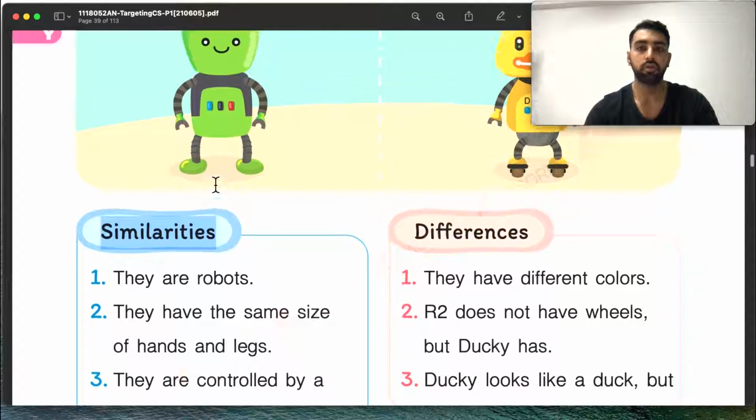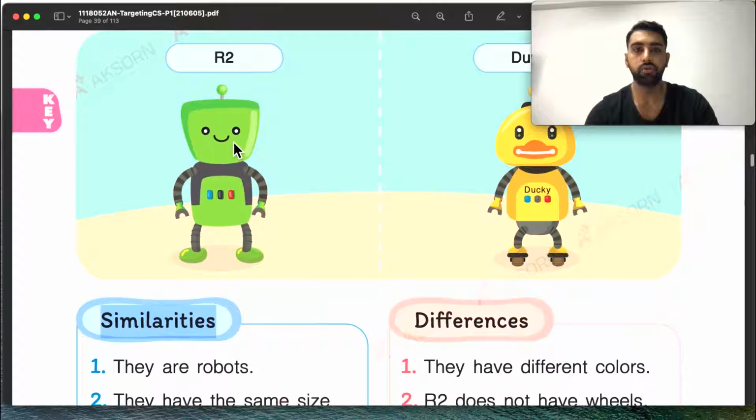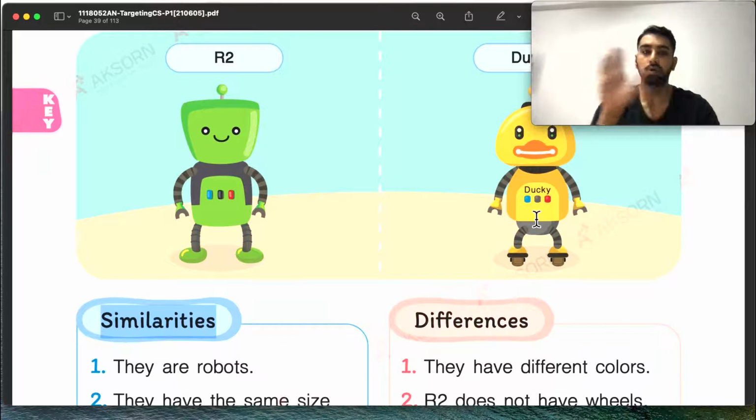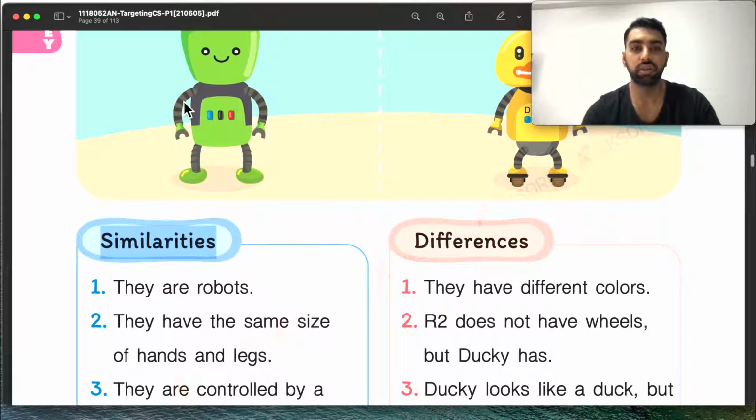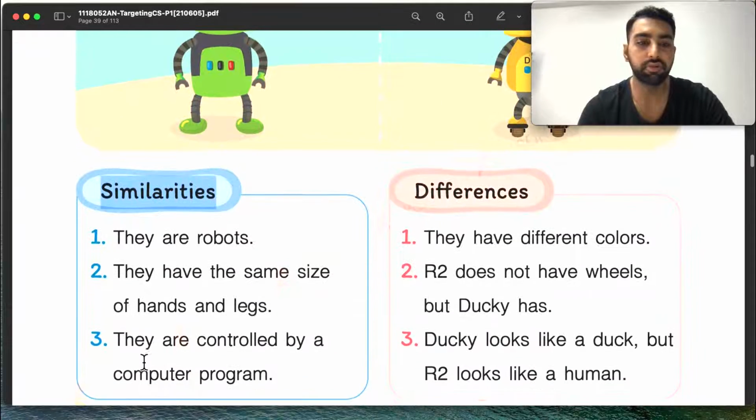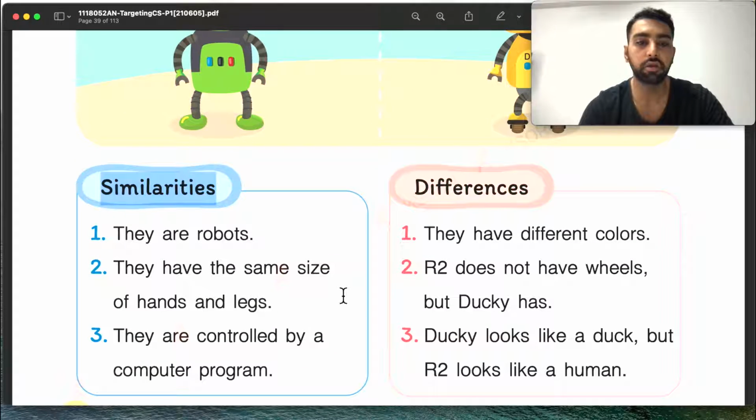Look here. R2 is a robot, Ducky is a robot, so both are robots. Number one, they are robots. Number 2, they have the same size of hands. Look at the hands, they are the same size. And number 3, they are controlled by a computer program.